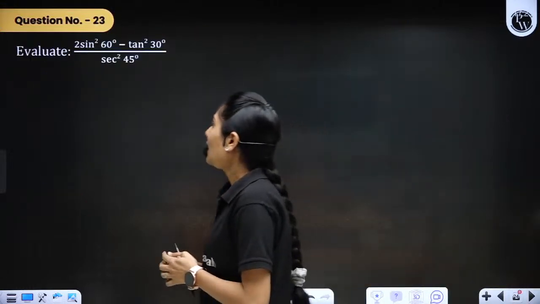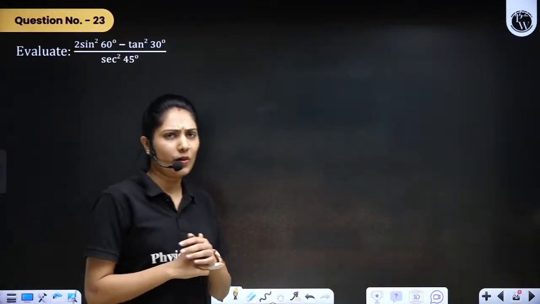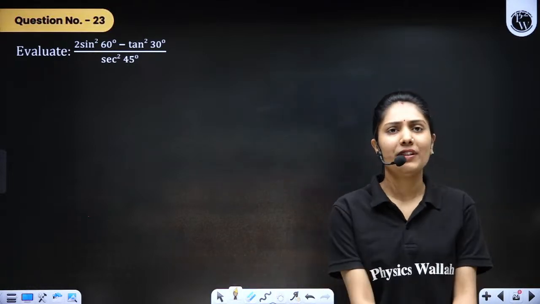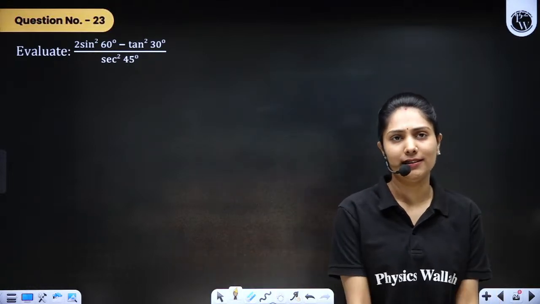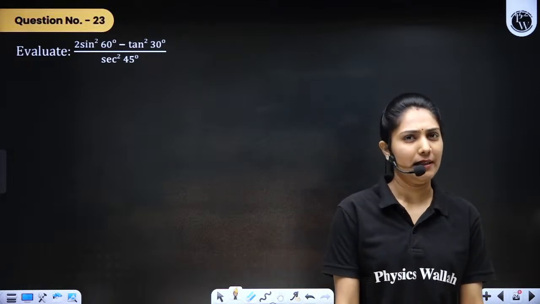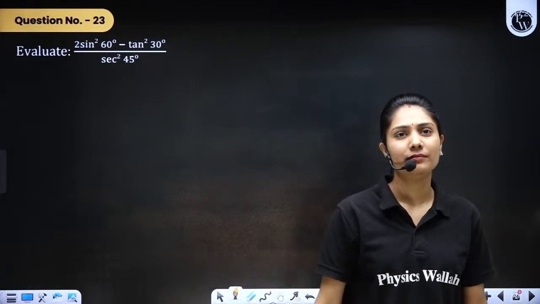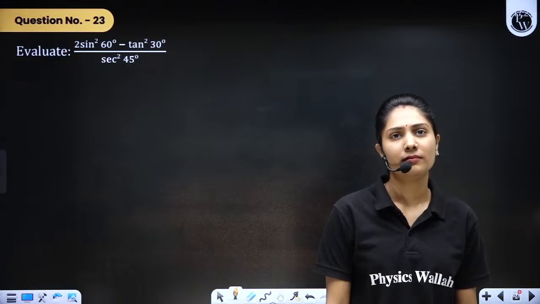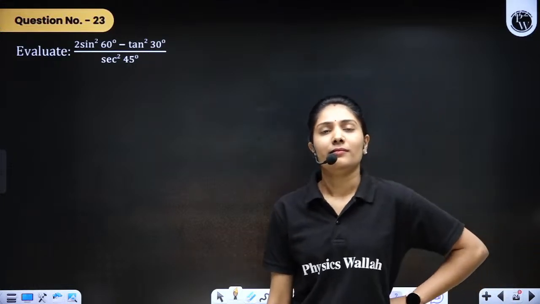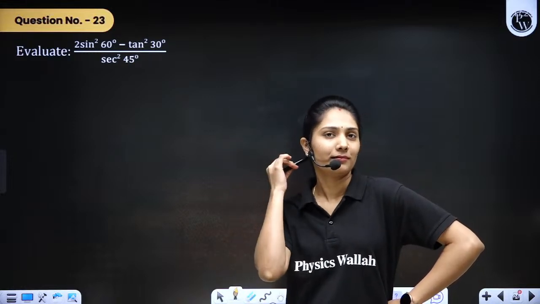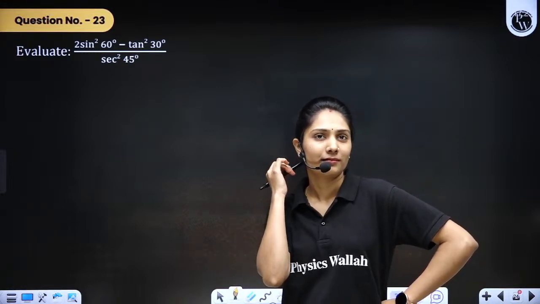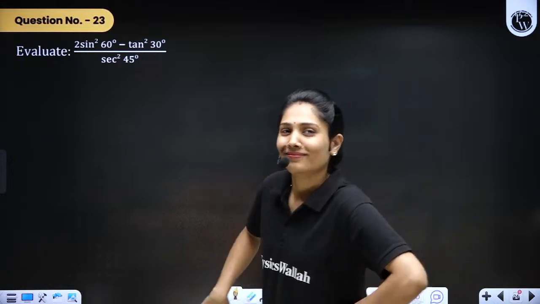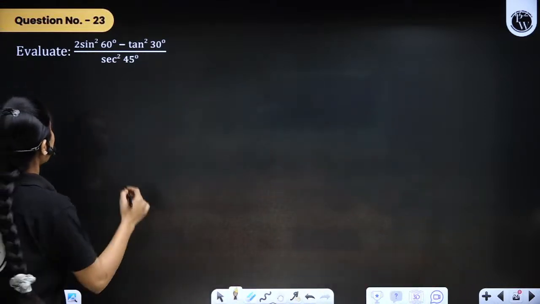Next is evaluate the value. Now this is the simplest one. Calculate by yourself first. Within seconds, calculate. What should be the value here? 1 by 16. Rajan, you are saying for this one? So what it says?